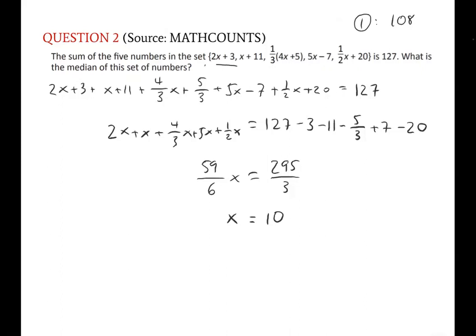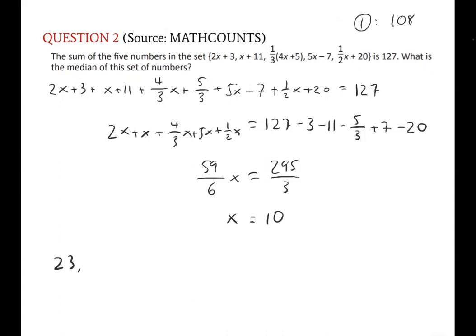First of all, this number may not be the median because we don't know if every number in this set has been ordered by value. So we actually have to plug in all the numbers. For the first number, 2x plus 3, if we plug in x, we get 23.